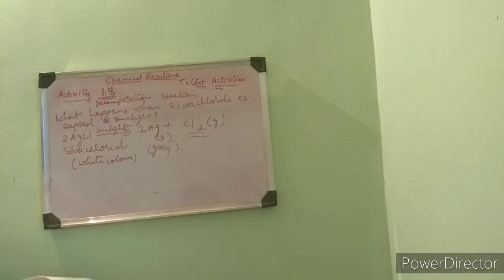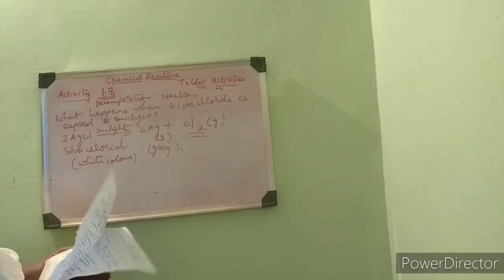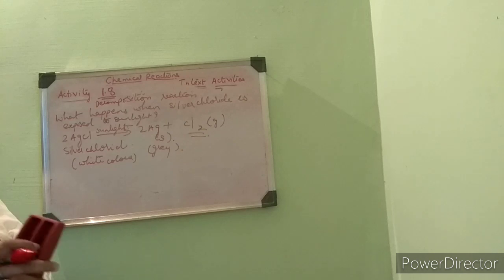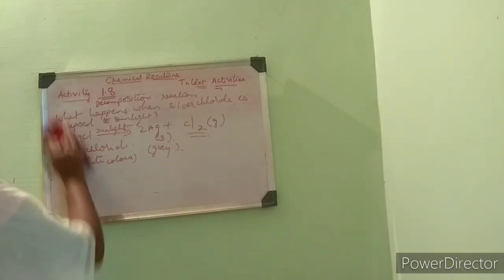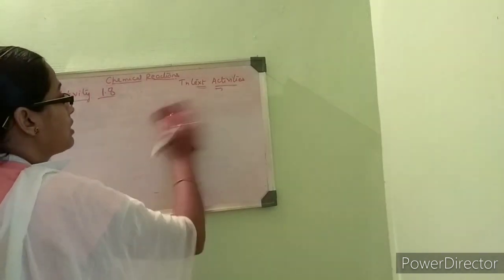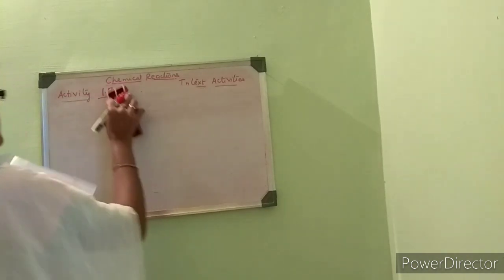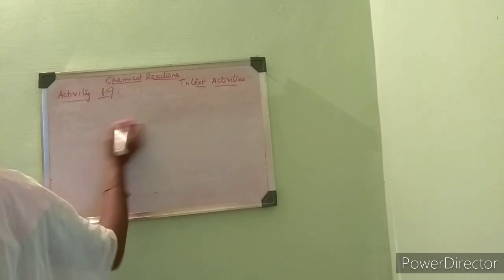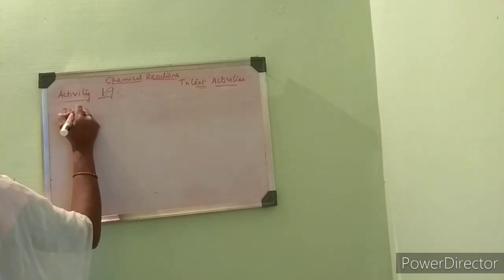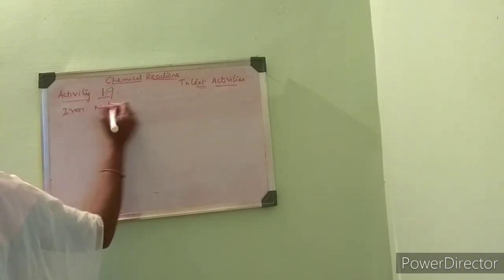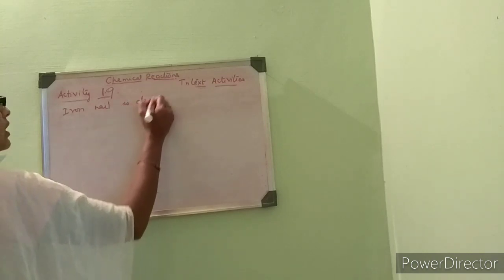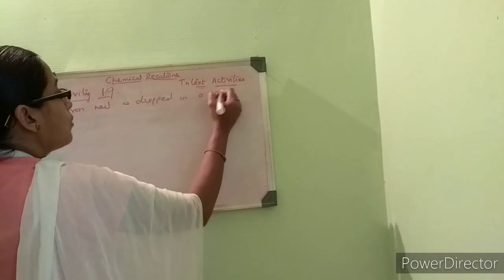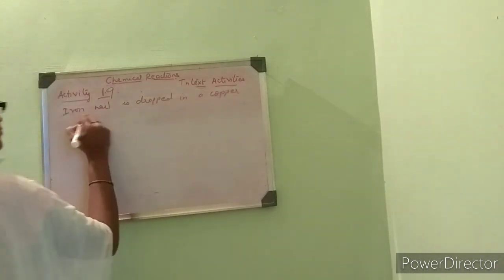We'll see the next activity. What happens when an iron nail is put into a copper sulfate solution? Activity 1.9. We will see what happens when an iron nail is dropped in a copper sulfate solution.